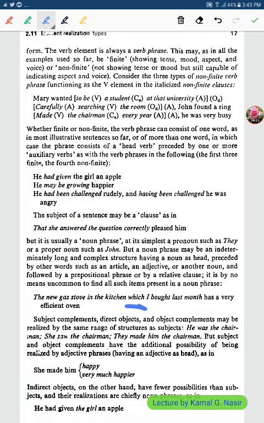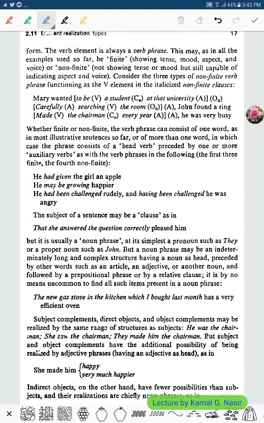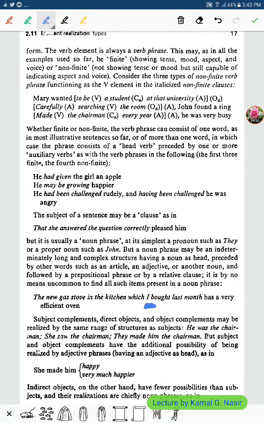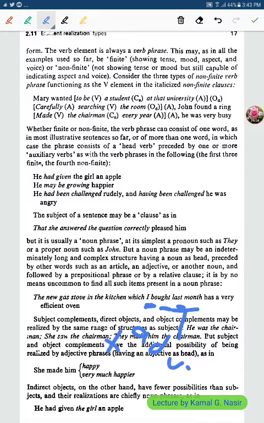Which? Relative article or relative pronoun. I, subject. Bought, verb. Last month, adverb of time. Clear?